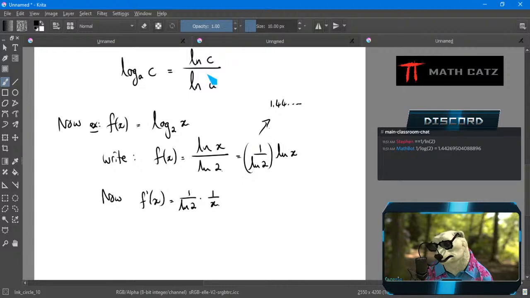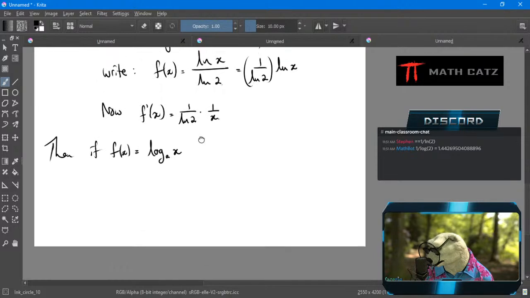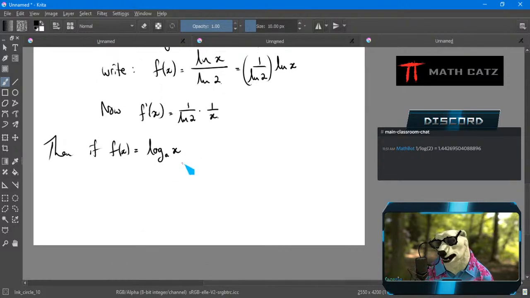So it's really quite simple, but I needed this change of base property. So then in general, if my function is any base, a of x, not necessarily a 2, I personally don't memorize this.